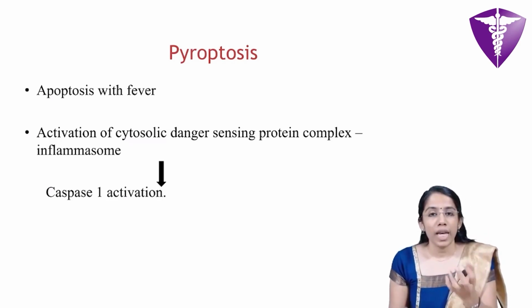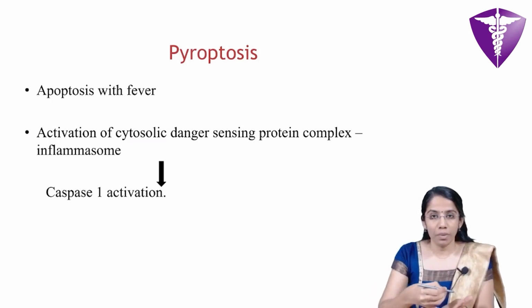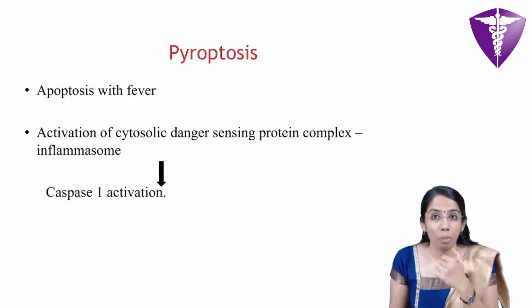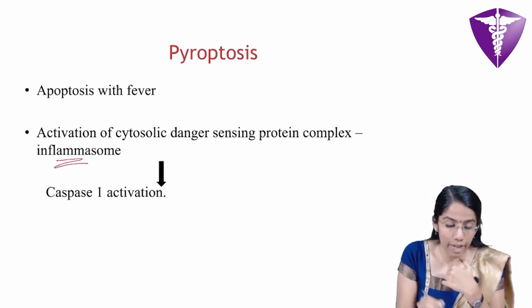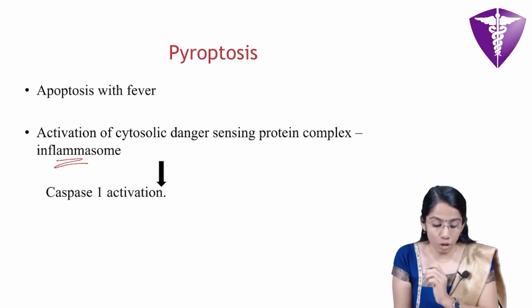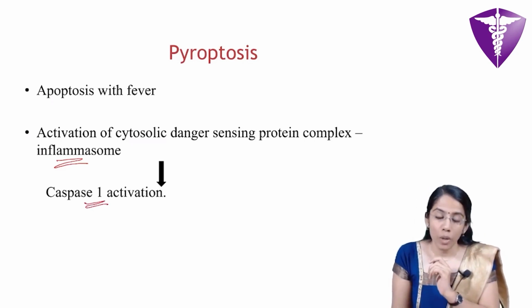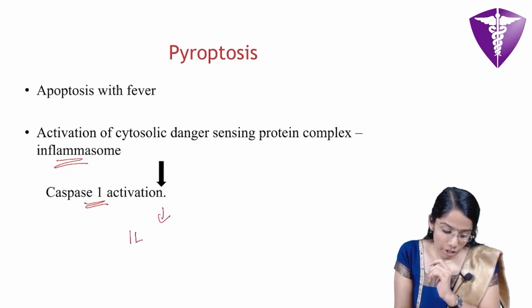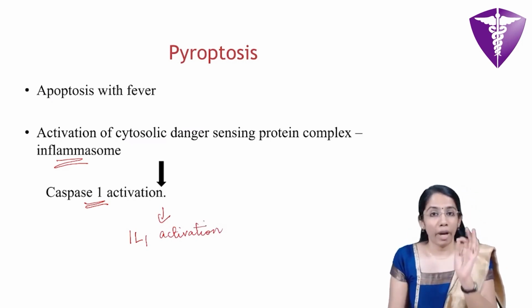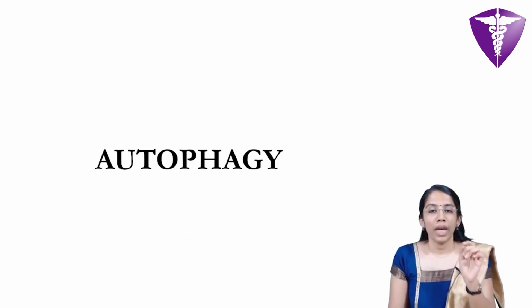So what happens is when the microbial products enter the cytoplasm, these are sensed by a multi-protein complex called the inflammasome. When it is sensed, this leads to activation of caspase 1, which leads to interleukin 1 activation. Interleukin 1 is converted from its inactive form to its active form. So that is it about pyroptosis.